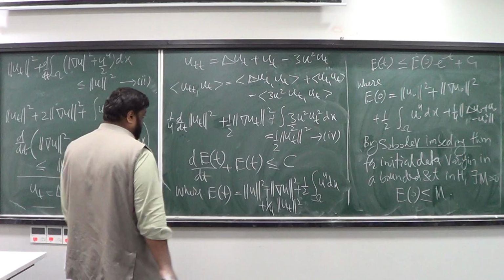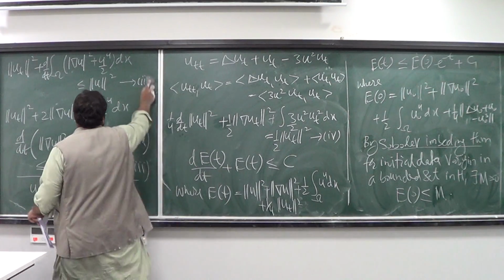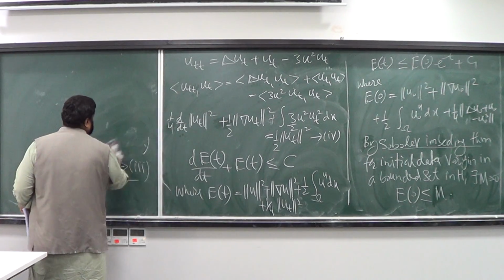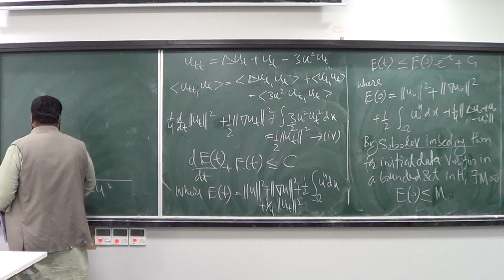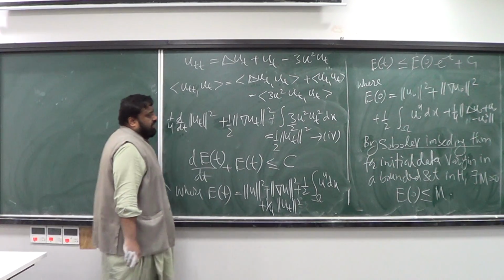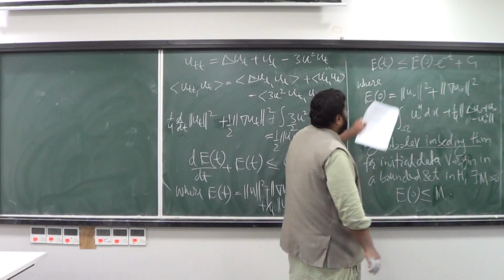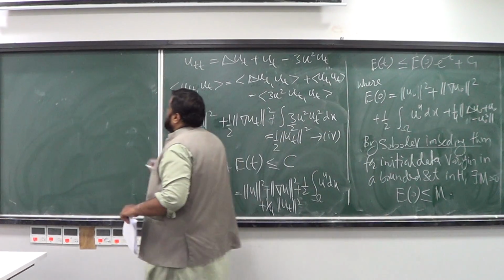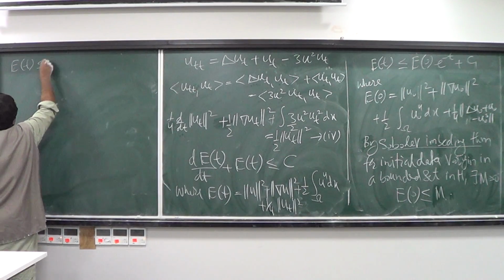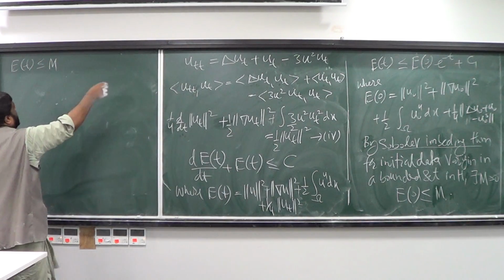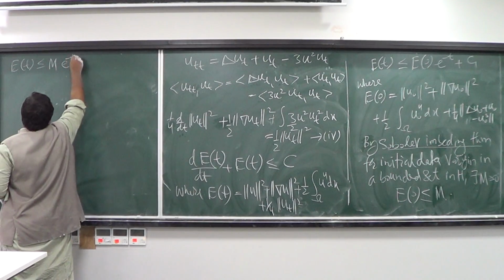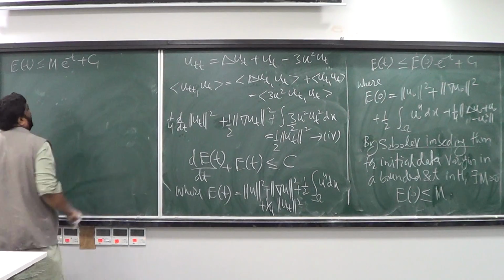If you have this, your inequality will become: E of t is estimated by a constant depending on the bounded set times e to the power minus t, plus constant c1.